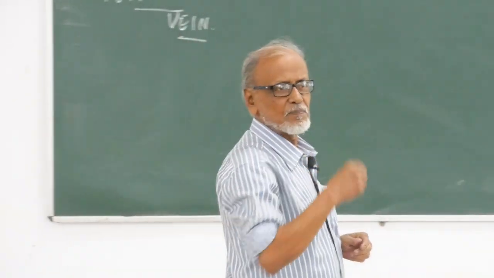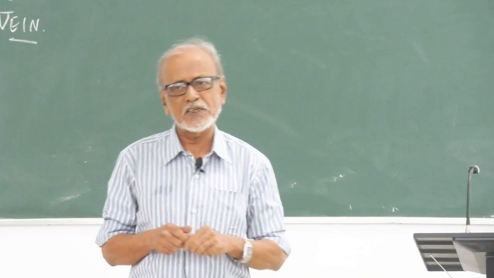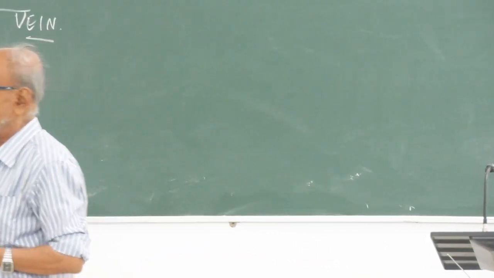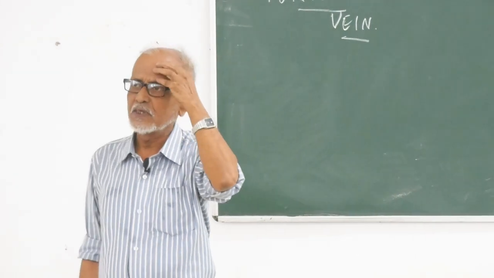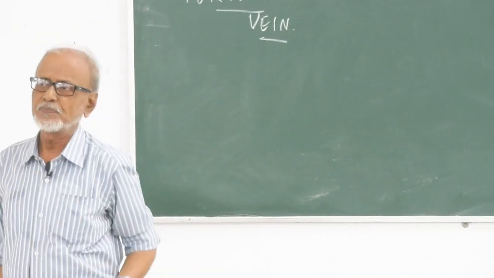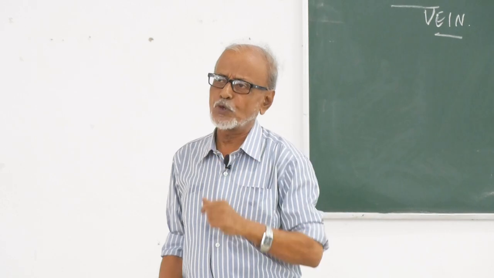The body is there, but still the portal vein is there. Though cut in its upper part, we have removed the liver, but still you can see the portal vein.